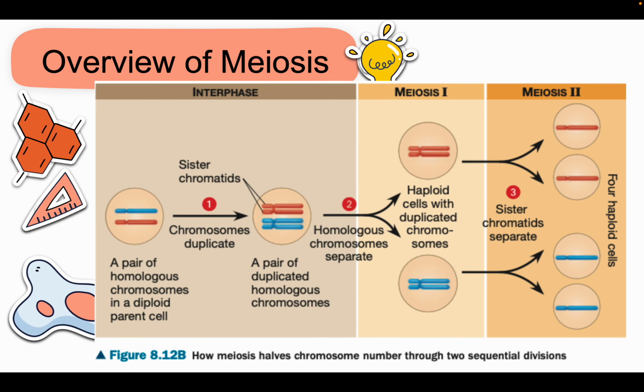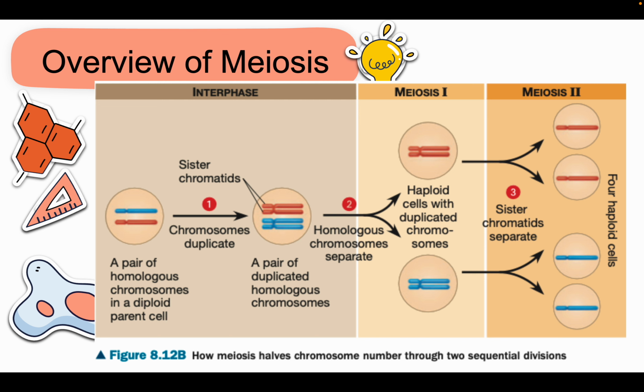So this is the overview of meiosis. Meiosis involves two rounds of cell division, meiosis 1 and meiosis 2. In meiosis 1, the homologous chromosomes, one from each parent, are separated into different cells, reducing the number of chromosomes by half.